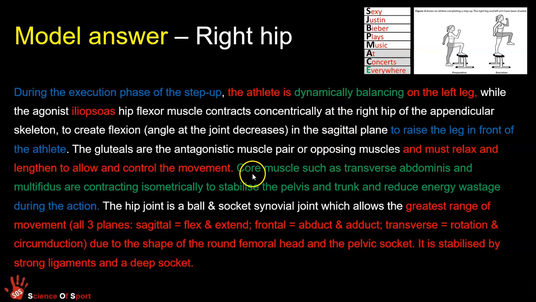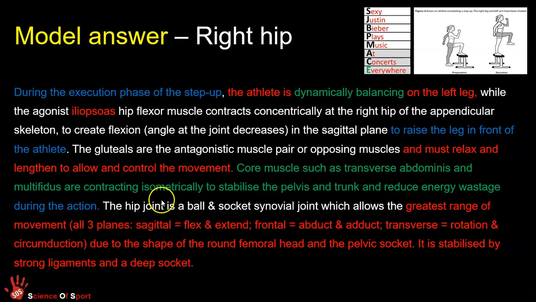I've also given core muscles contracting isometrically, so their trunk is contracting isometrically to stabilize the trunk and the pelvis. I've actually named 2 core muscles. Transverse abdominis, which is a deep muscle beneath your rectus abdominis, your normal 6-pack muscles. And I've named multifidus, a core muscle on your lumbar, your posterior, beneath your erector spinae.